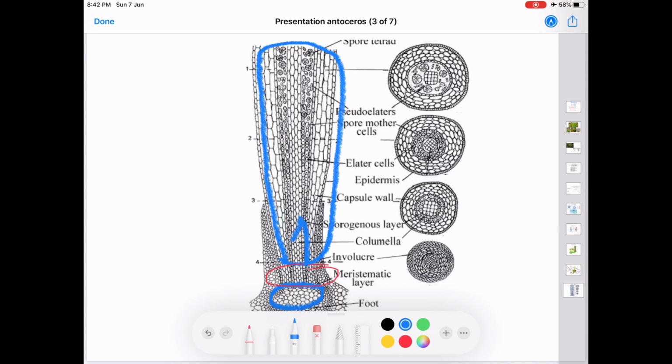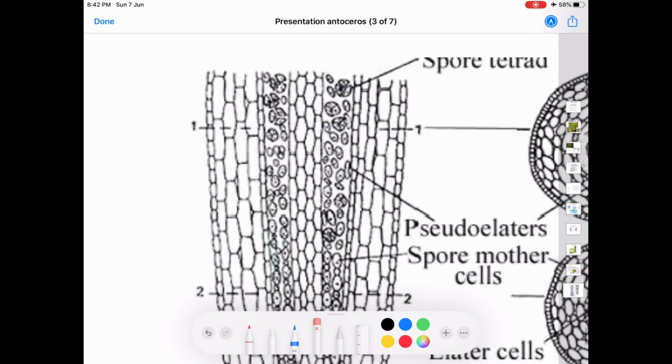That is, the meristematic zone is supplying cells to the capsule. Now, moving on to the structure of the capsule, it consists of a central region called the columella. This portion is known as columella. Outer to the columella is the sporogenous tissue.